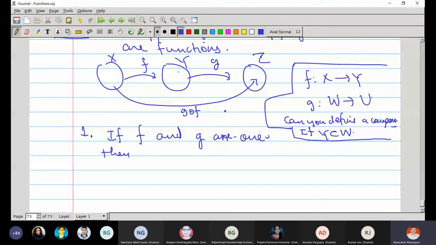Is it a valid question? Yes. So can you raise some valid questions? If F and G are 1-1, then G composite F is 1-1. What could be another valid question you can raise?